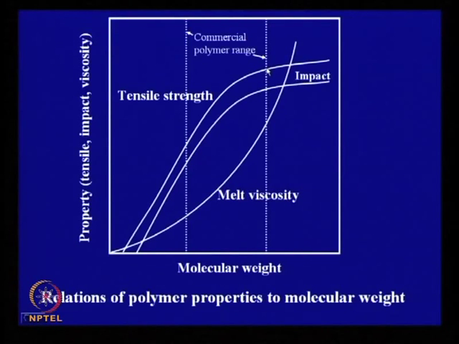Beyond certain threshold value, increase is not so much as is the case in lower molecular weight species. Look at the impact property, again it is like the tensile strength, impact property also levels up beyond certain molecular weight. Now, this is a range of molecular weight, between which you can have intermediate properties. This is known as commercial polymer range.